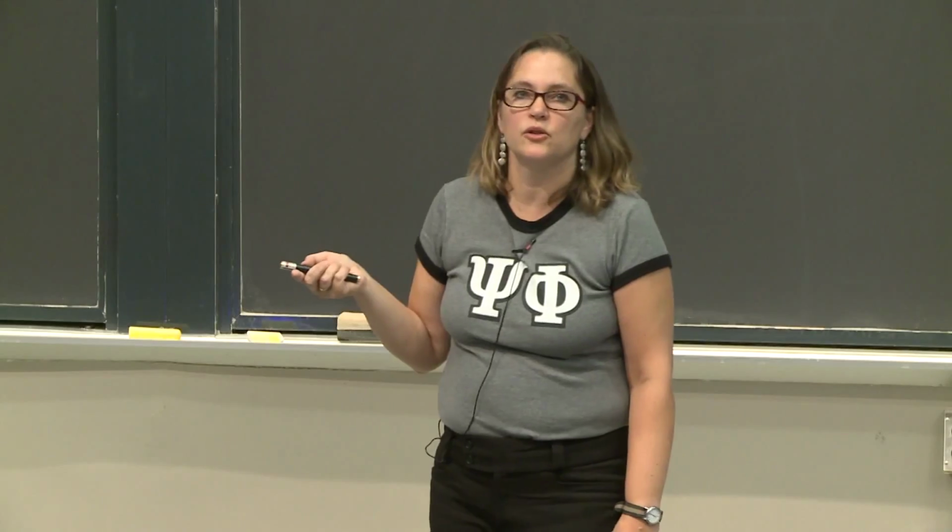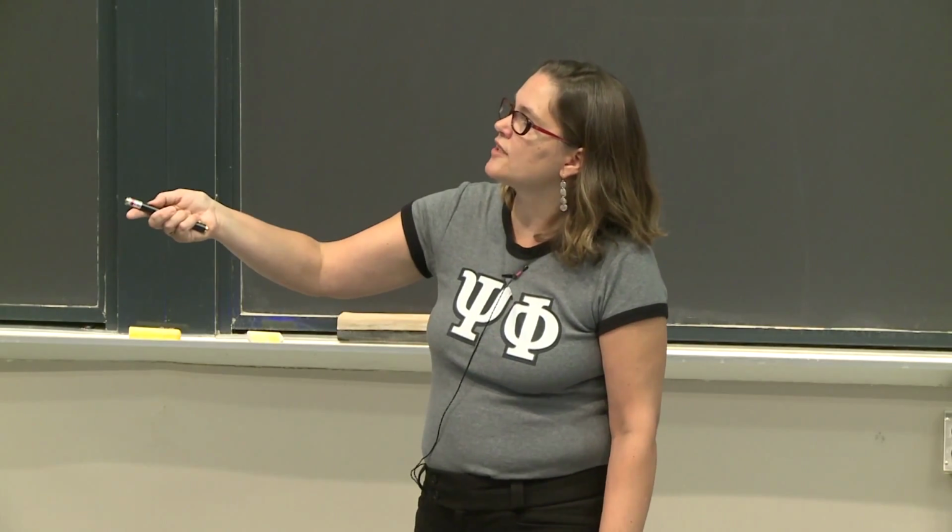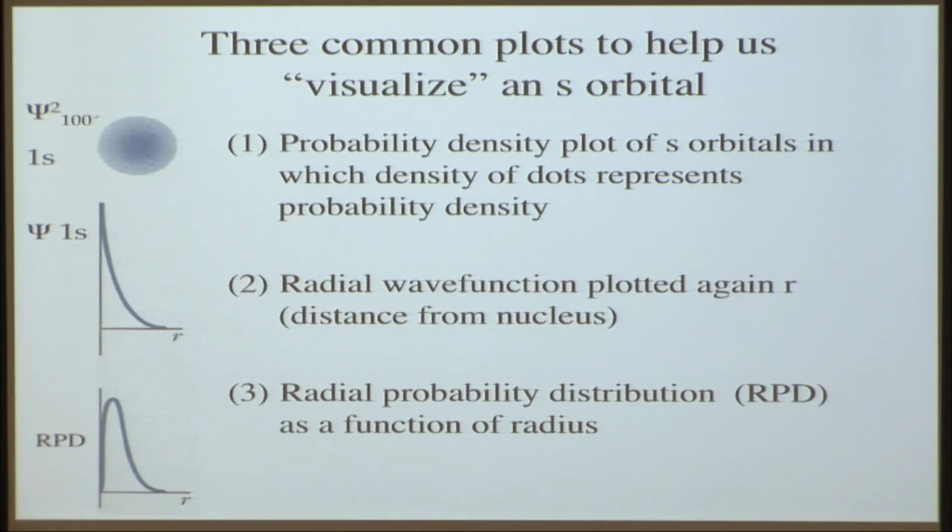Another kind of plot that you can see looks at the radial wave function plotted against the distance r here, distance from the nucleus. And then a third kind of plot is another probability plot, like this one up here, but instead of the dots indicating the higher probability density, you have a radial probability distribution.